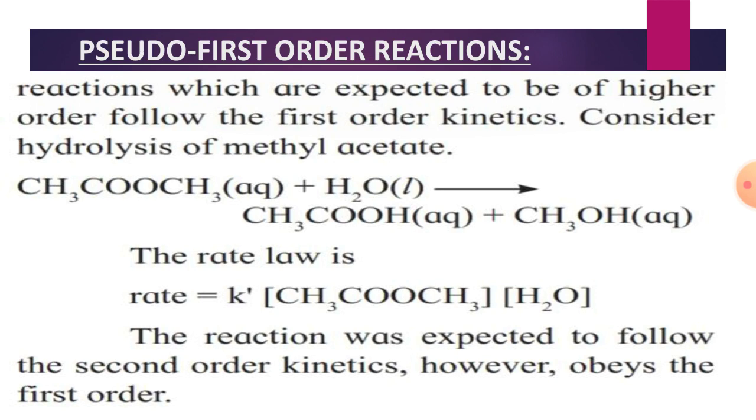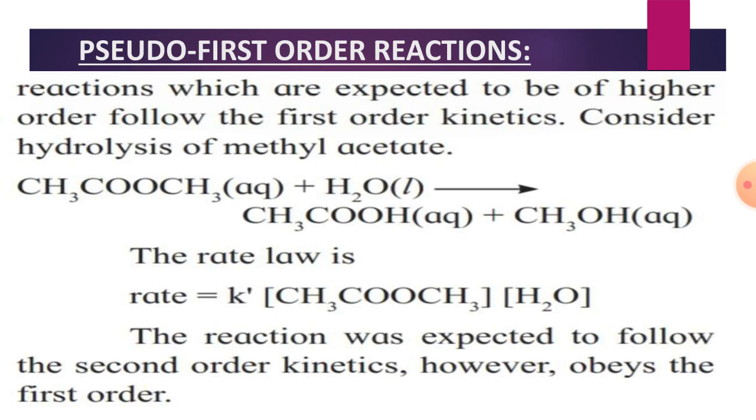Here, in the reactant part, we have two reactants. What are the names of the two reactants? Methyl acetate, that is CH3COOCH3, and H2O, water. While in the product, again we get two products, CH3COOH, that is your acetic acid, plus CH3OH, that is your methanol.